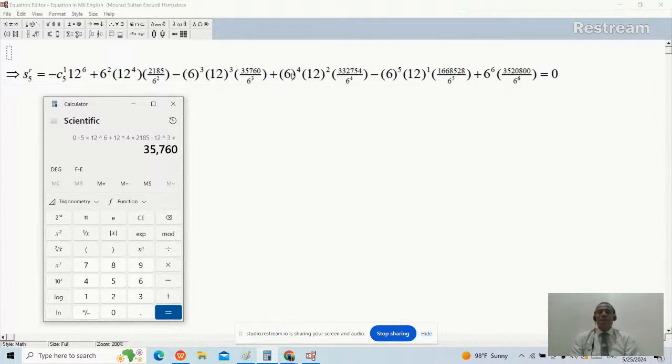This 6 and this 6, I'll just write the square of 12 times this one. Plus 12 squared times 332,754. Then minus 6 raised to the power 5 times 12 times 1,668,528 divided by 6 to the 5. This 6 to the 5 and this 6 to the 5, no need to write it because the value of it is 1.